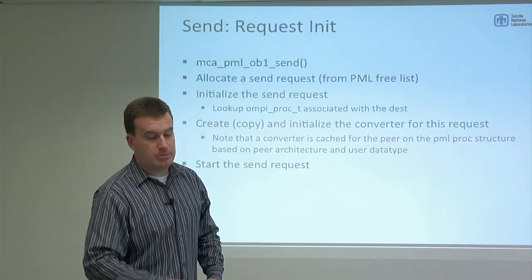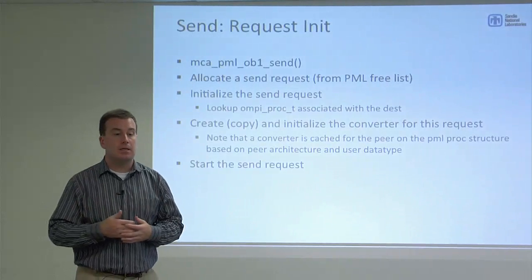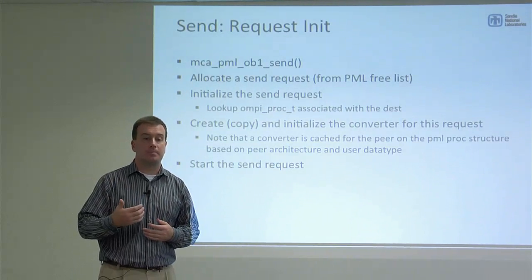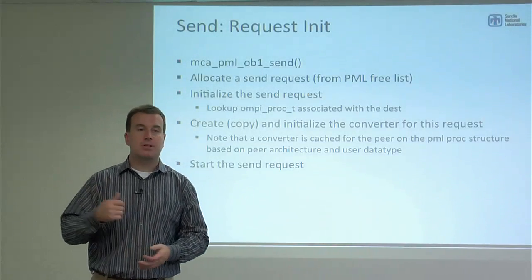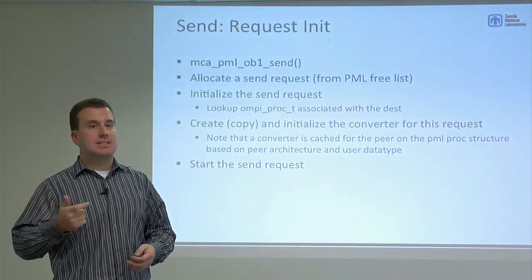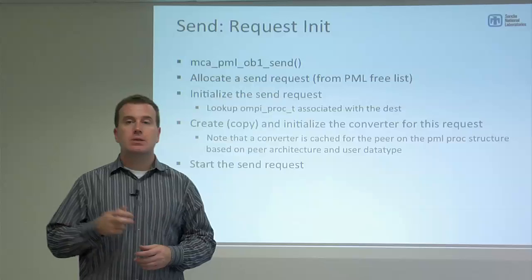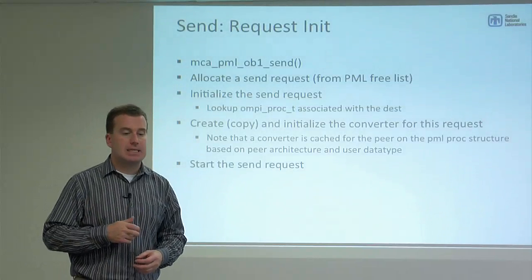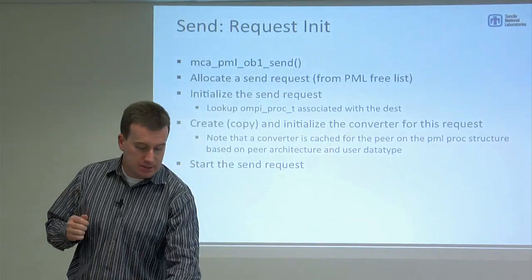So we've called MPI send. It's called into OB1. And the first thing we do is allocate a send request. This pops off a free list. We fill in information we need, like what's the tag, where am I sending it to, what converter do I use to pack and unpack data, and then we start the send request.